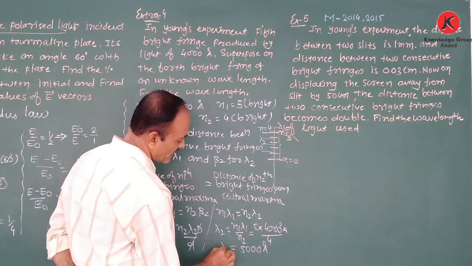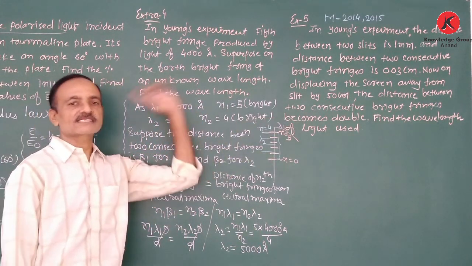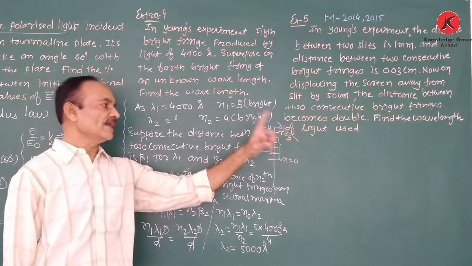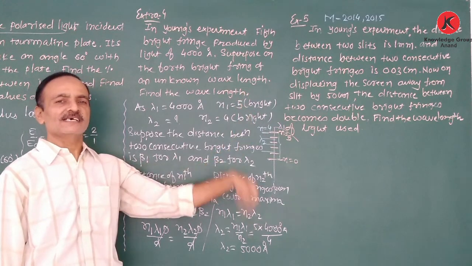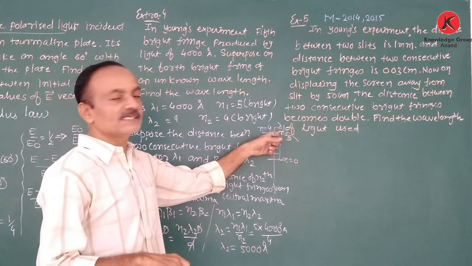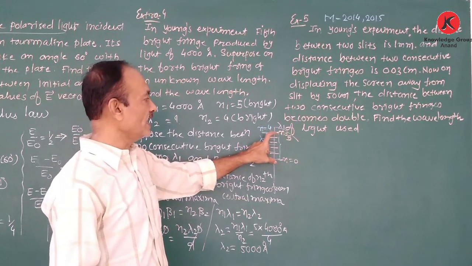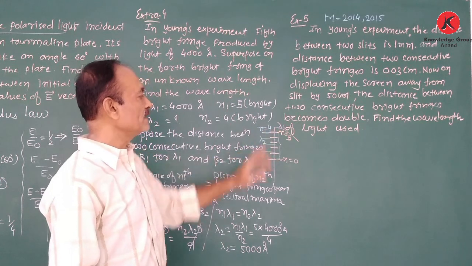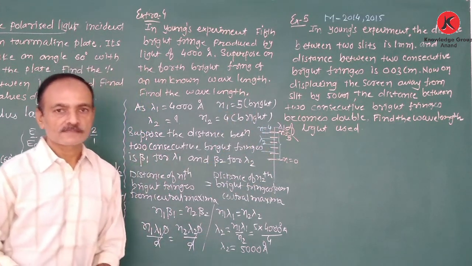So that is the numerical, but our concept must be clear about this. On the screen, for wavelength lambda 1, the fifth bright fringe is obtained at whatever the distance. At the same distance for the unknown wavelength, the fourth bright fringe is obtained. Therefore, the distance of the n1 and n2 bright fringes is the same from the central maximum.